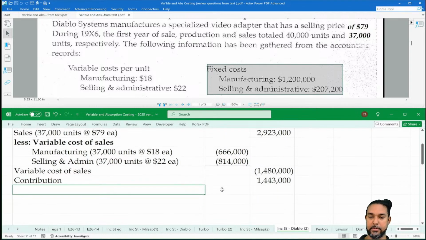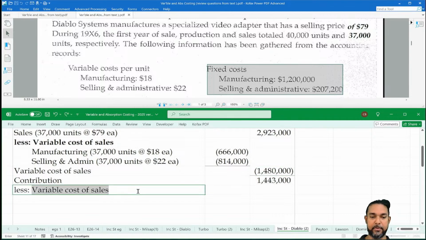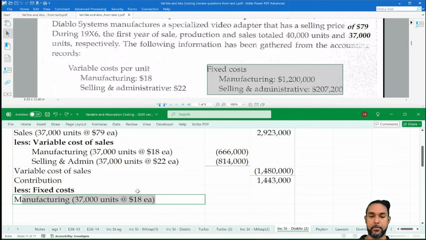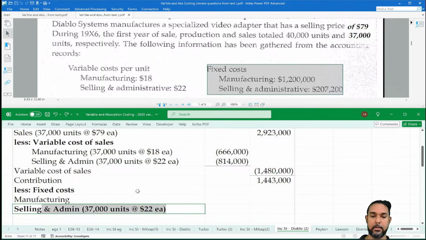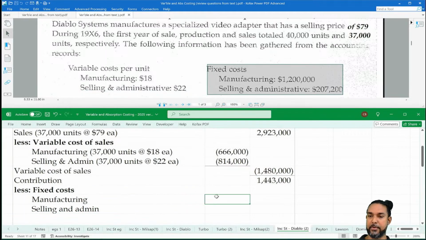All right. So with that now, we're gonna minus the fixed cost. Okay, so we have manufacturing and selling and admin. Right, so we have a straight 1.2 million and 207,200.